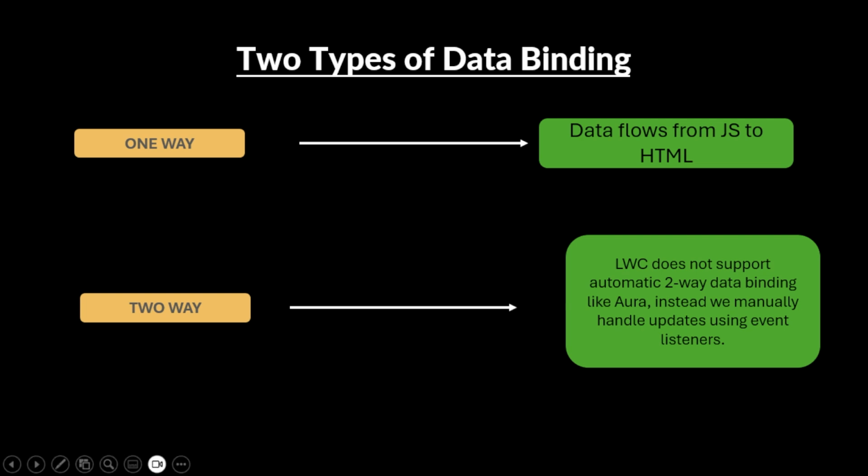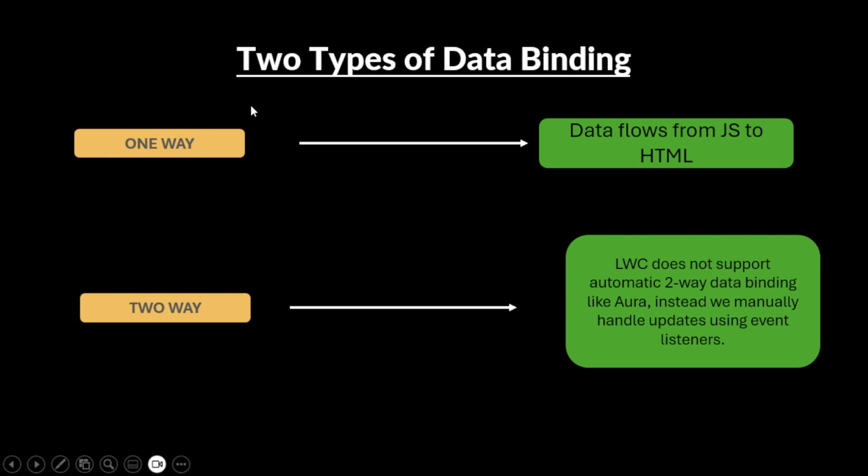LWC does not support automatic two-way binding like Aura, however you can achieve it by using event listeners. We are going to see an example of both of them, and trust me, these are all very easy.